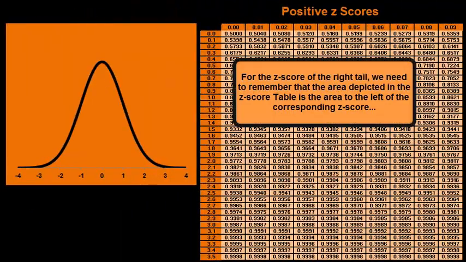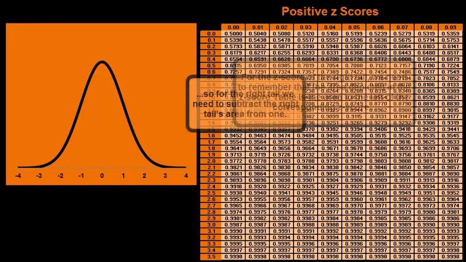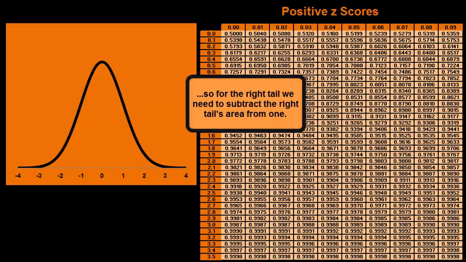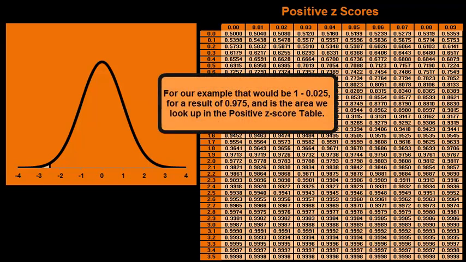For the z-score of the right tail, we need to remember that the area depicted in the z-score table is the area to the left of the corresponding z-score. So for the right tail, we need to subtract the right tail's area from 1. For our example, that would be 1 minus 0.025 for a result of 0.975, and is the area we look up in the positive z-score table.